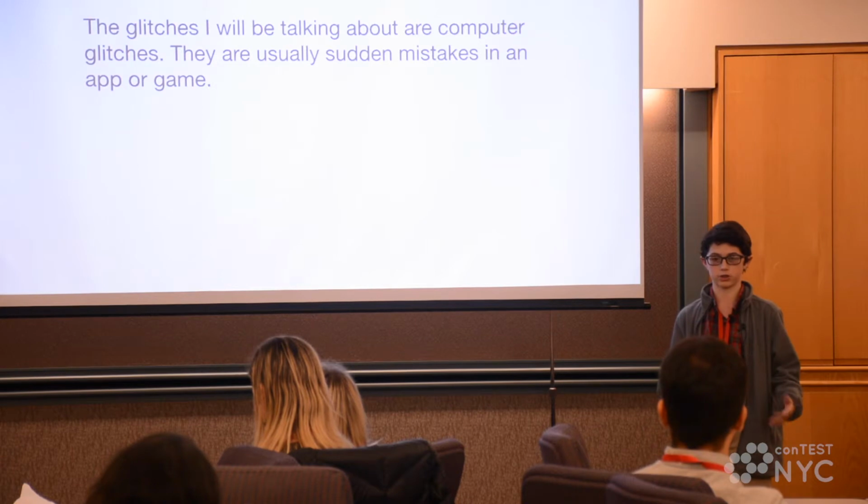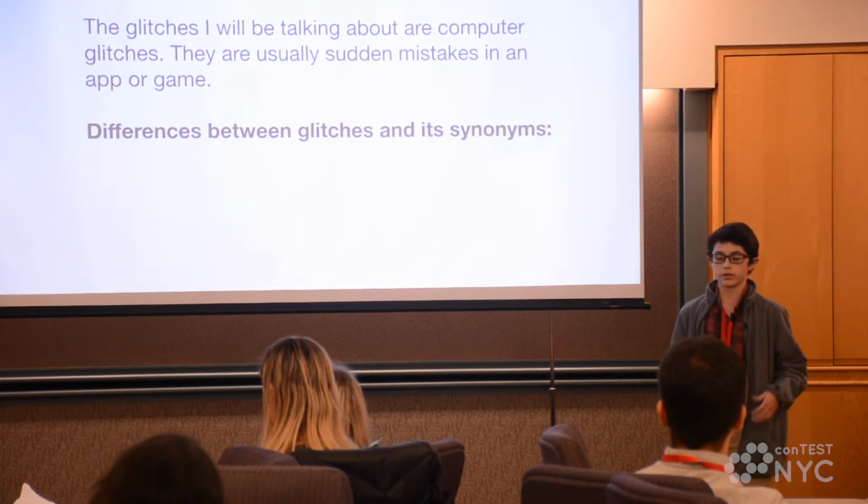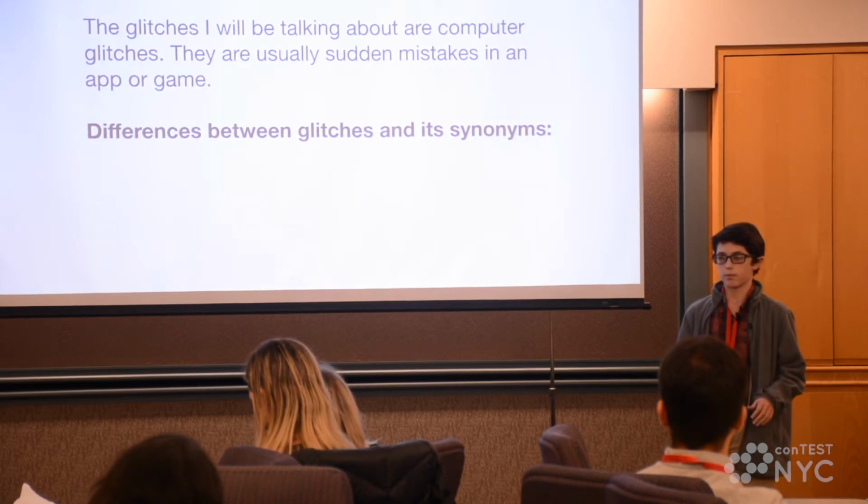Now, my personal understanding of a glitch is that they're more of things that you find on a computer. There are glitches in other places besides on a computer, but usually on a computer you find these sudden mistakes that shouldn't have happened. Now, the differences between glitches and synonyms are a few things.